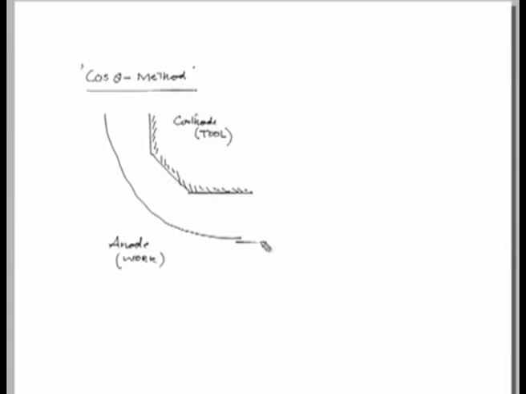Now, the distance between them, let us call this the inter-electrode gap height, h e. The distance between them can be mathematically derived like this. If this is angle theta, then this is also theta.